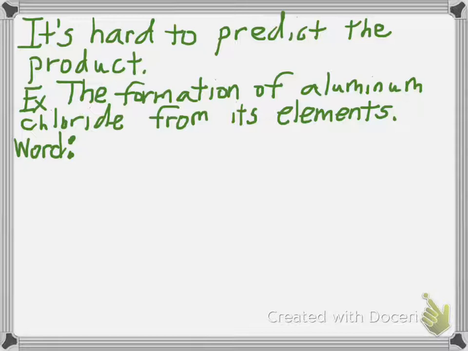So again, the first thing we want to do is our word equation. Now, this talks about the formation of aluminum chloride. So what that means is aluminum chloride is our product. Our reactant is its elements. So what elements make up aluminum chloride?